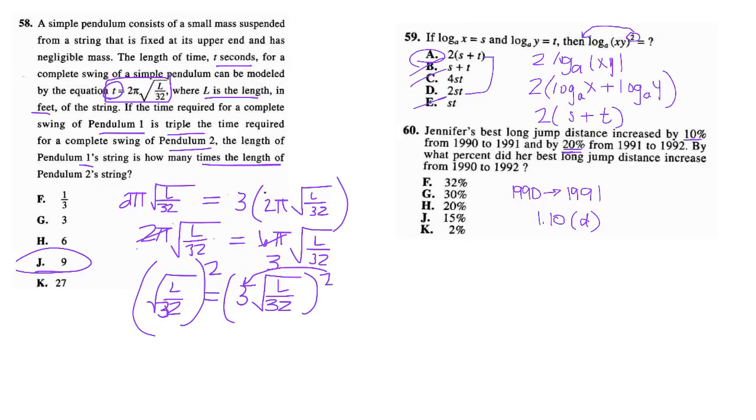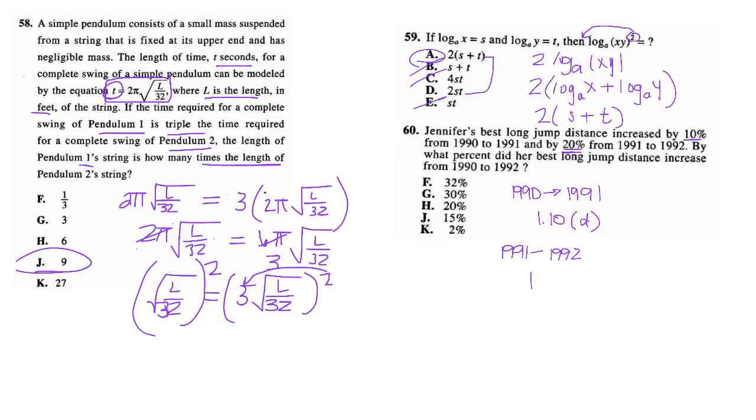And then from 91 to 92, she increased by 20%. So from 1991 to 1992, she increased 20%.